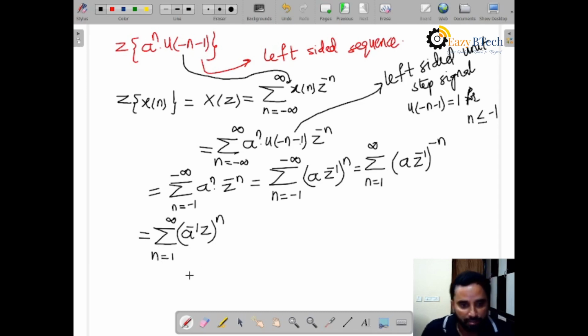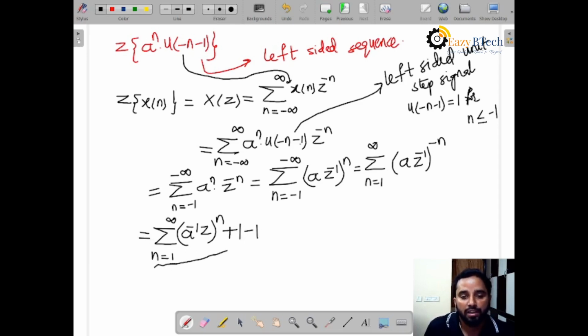So here we have summation from 1 to infinite. We need summation from 0 to infinity. So for n is equal to 0, we get a inverse z power 0, which is equal to 1. So for n is equal to 0, we get 1, that 1 added and subtracted.